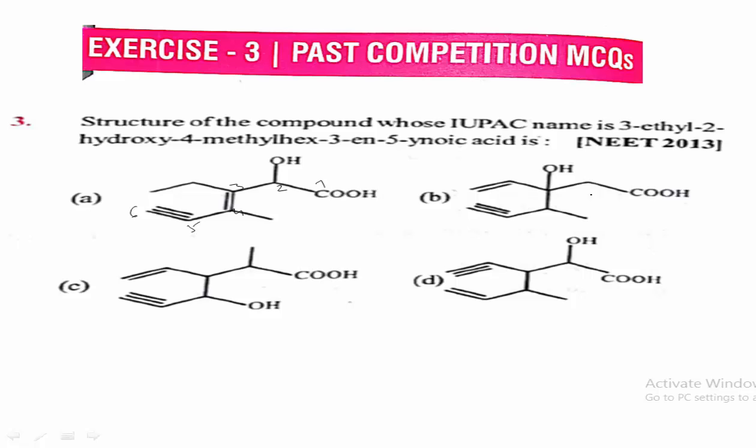If you start from this other end, here 1, this one is 2, this one is 3, this one is 4, this one is 5, and this one is 6. If you move from this side, there are only 5 carbon atoms, therefore this one is wrong.